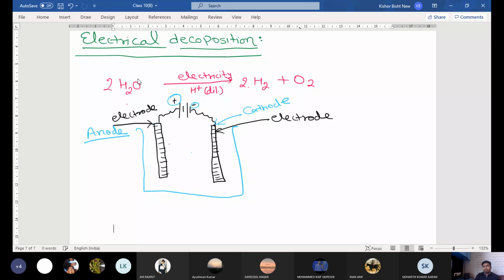Okay. Now what are we taking in this one? The water. This is the water.